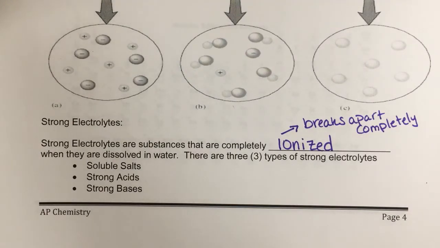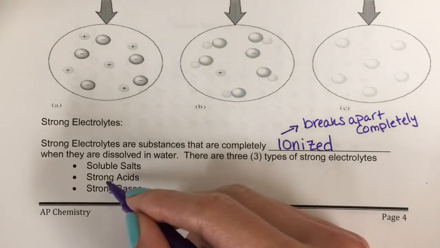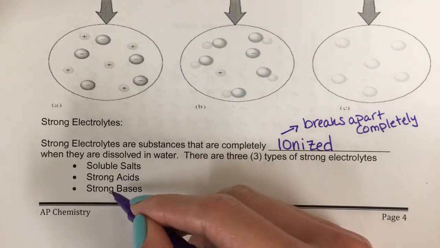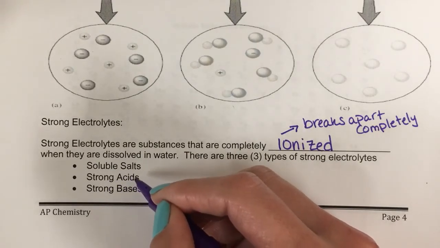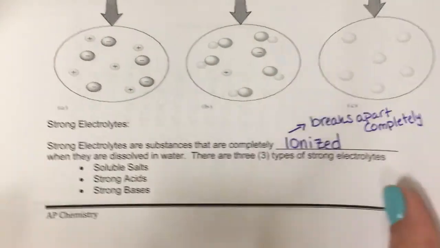Okay? 3 types of strong electrolytes. Soluble salts, so completely soluble, strong acids, and strong bases. Not all acids and bases are considered strong. Okay?